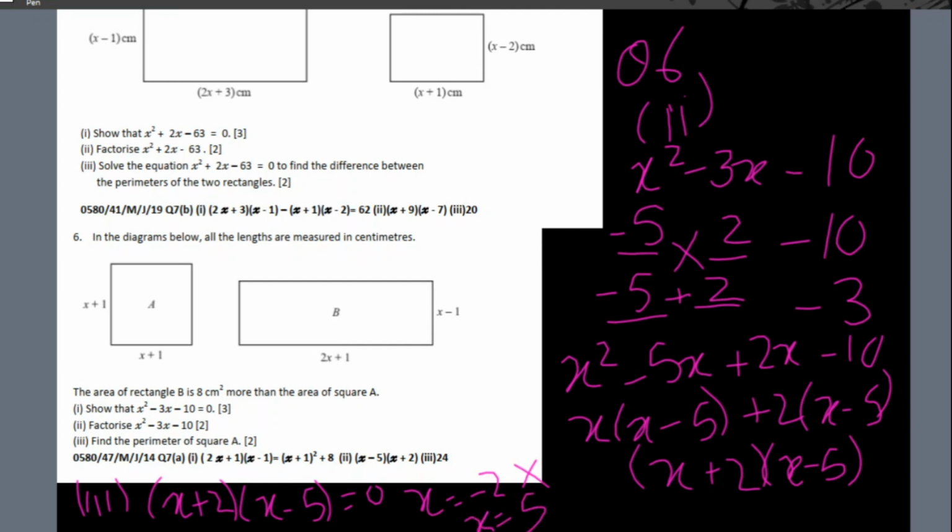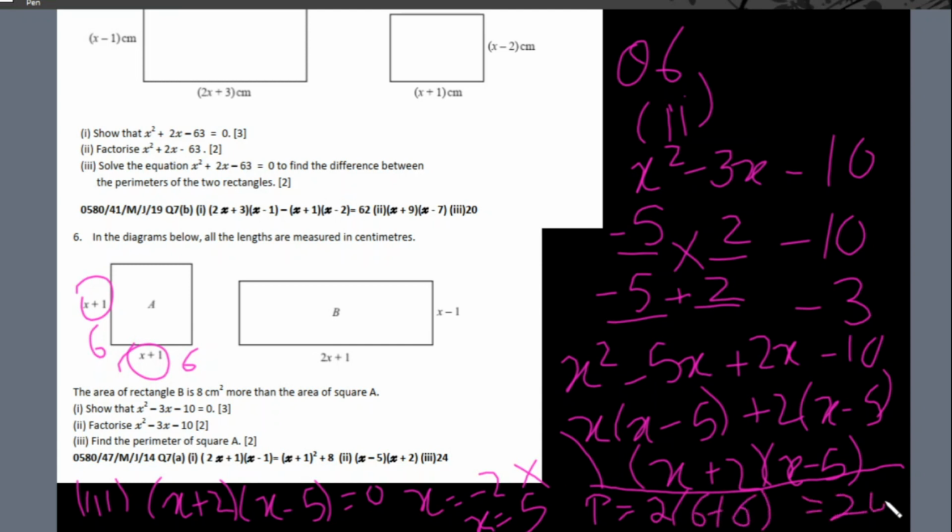When x equals 5, this will become 6 and this will become 6 as well. So now we need the perimeter. So perimeter will be 2 times 6 plus 6, 2 times length plus width, which will give us 24, which is the answer.